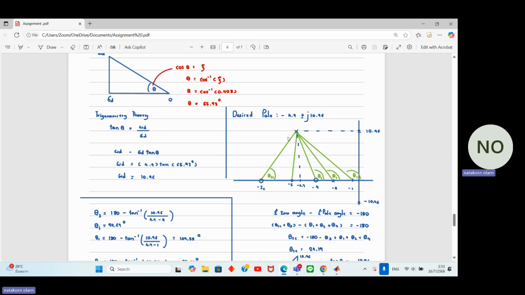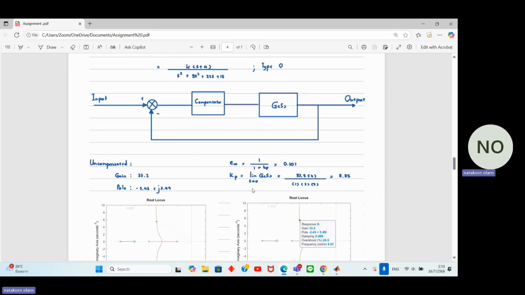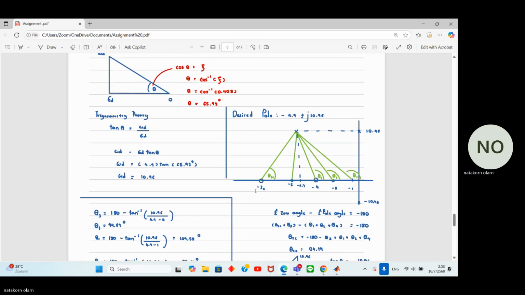After that, I plot it into the graph and use the system function to calculate the zero point.